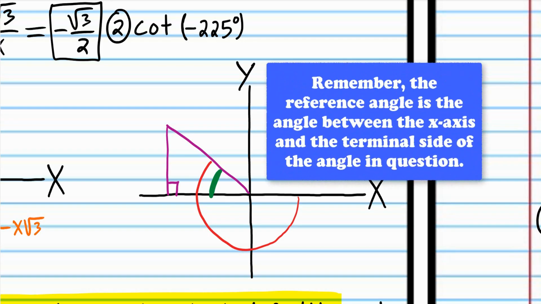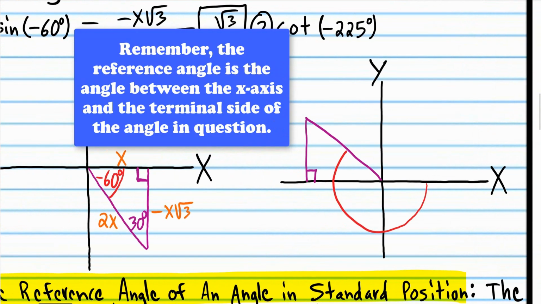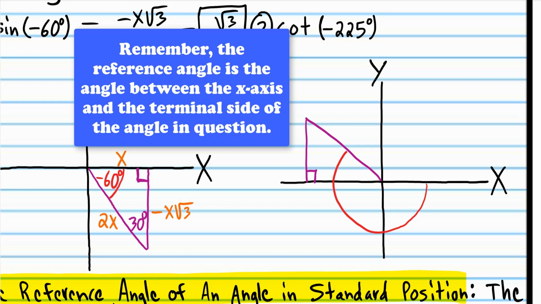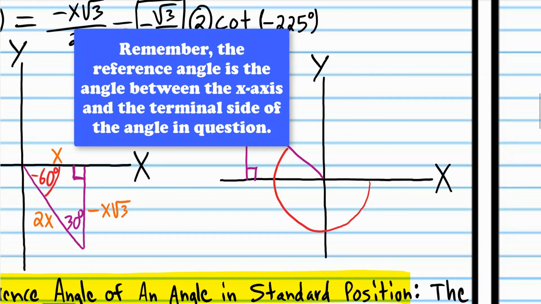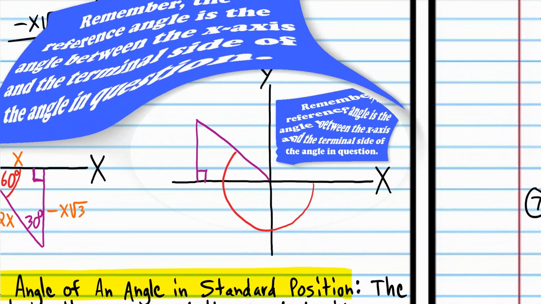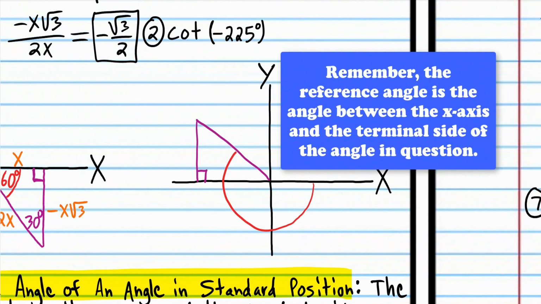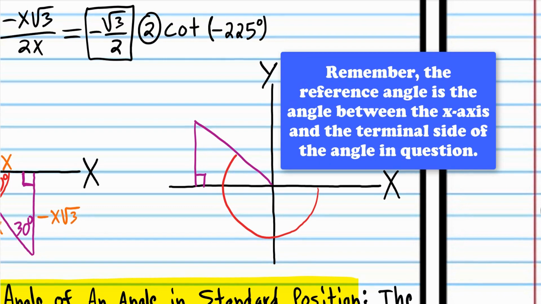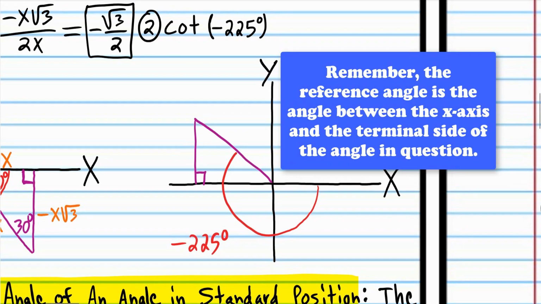That's the reference angle. In the first quadrant, or in this case, when you have negative angle measures in the fourth quadrant, the reference angle is equal to the actual angle. But in other situations, you have to calculate the reference angle.